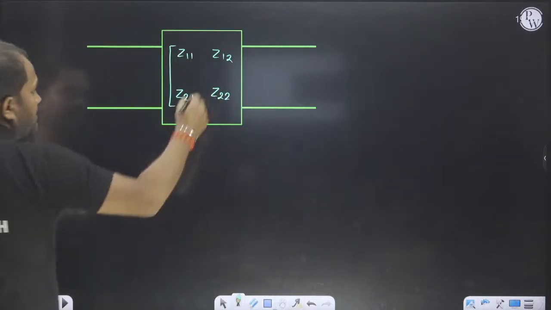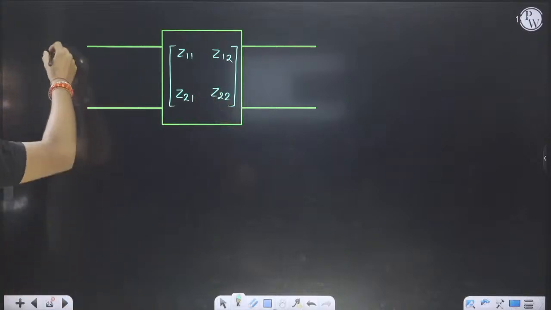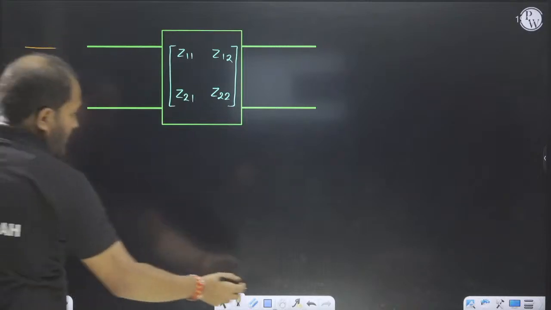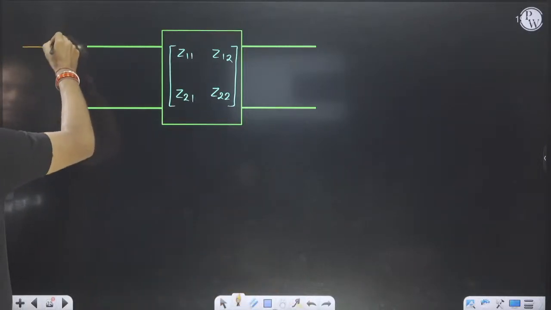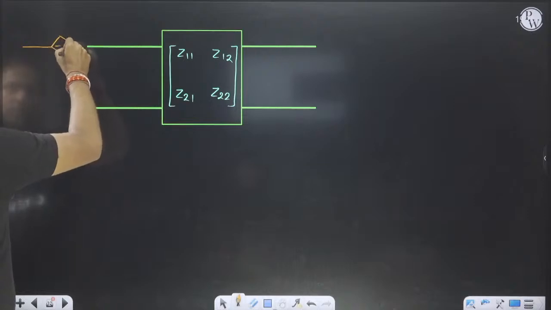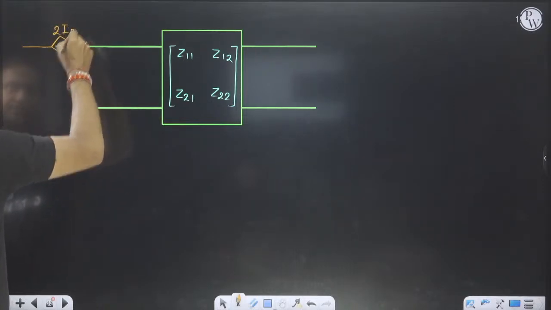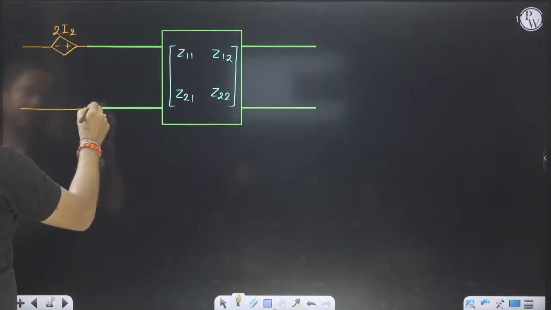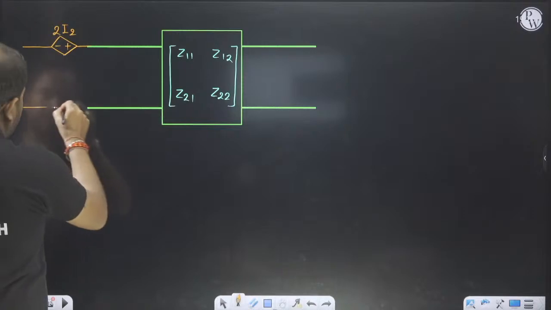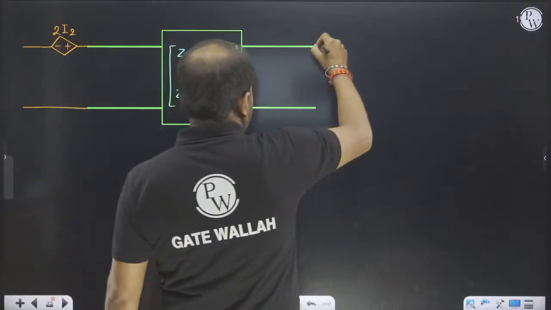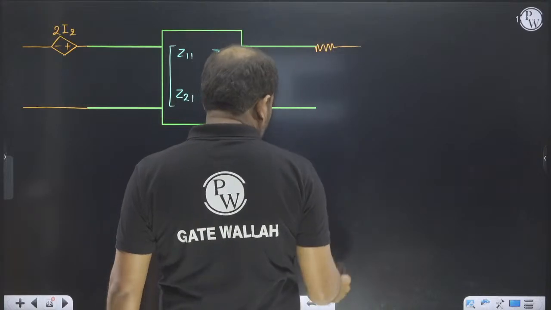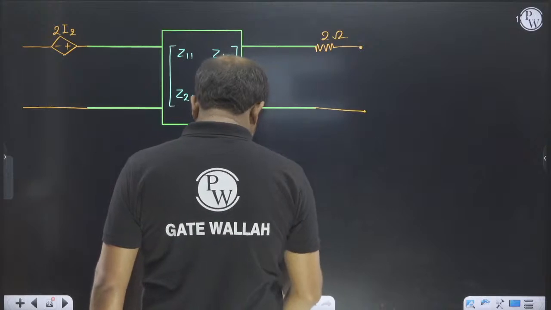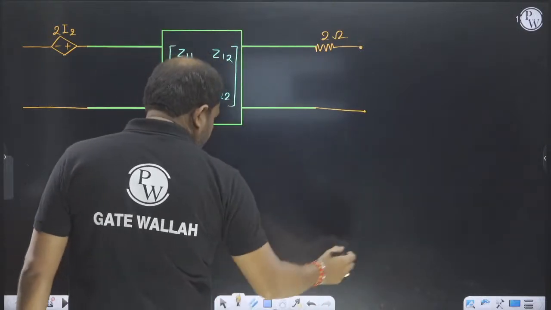And there is one connection in between them. There is a connection of a voltage source, minus plus 2I2, and there is a 2 ohm connection like this also. And they are asking for the new Z parameter.